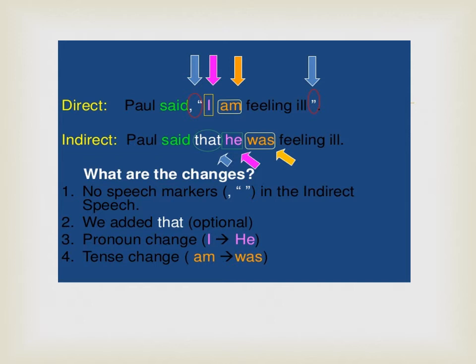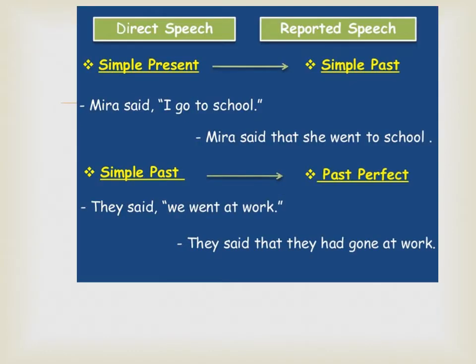In the first sentence it is given as I, whereas in the second sentence we have used he. So next is the change in tense. Am has become was. So Paul said that he was feeling ill.